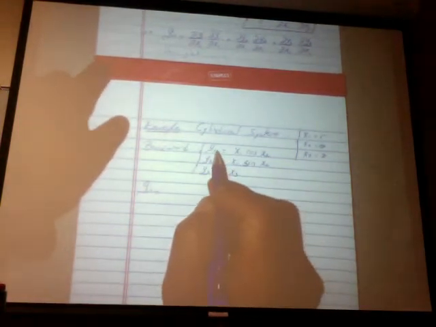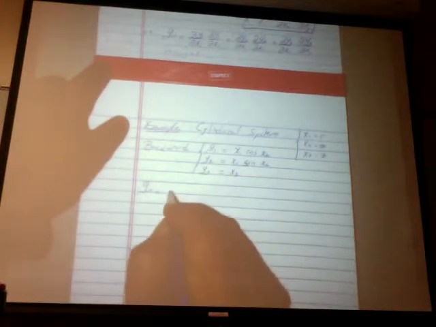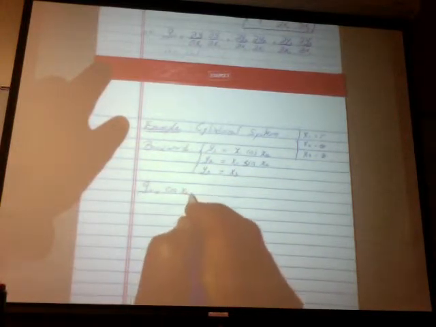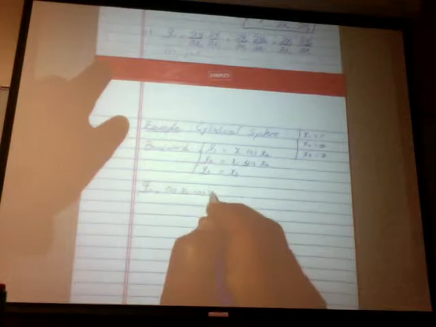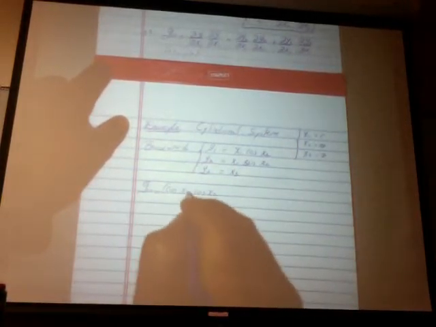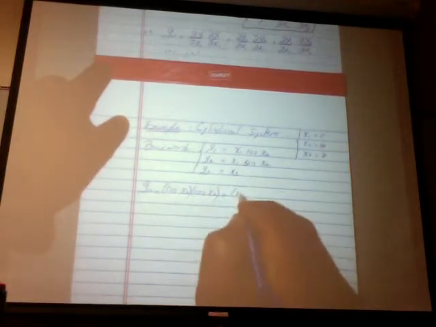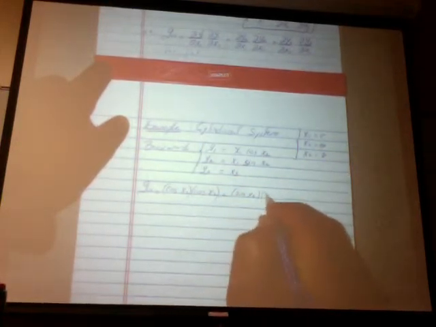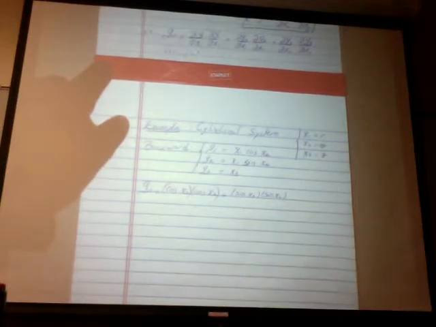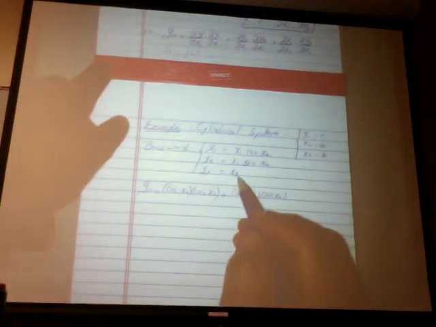So we need to differentiate this one with respect to x1. That will be the cosine of x2 times the cosine of x2. Then we need to differentiate this one with respect to x1. That would be sine of x2 times sine of x2. And then we need to differentiate this one with respect to x1. This will be 0, 0.